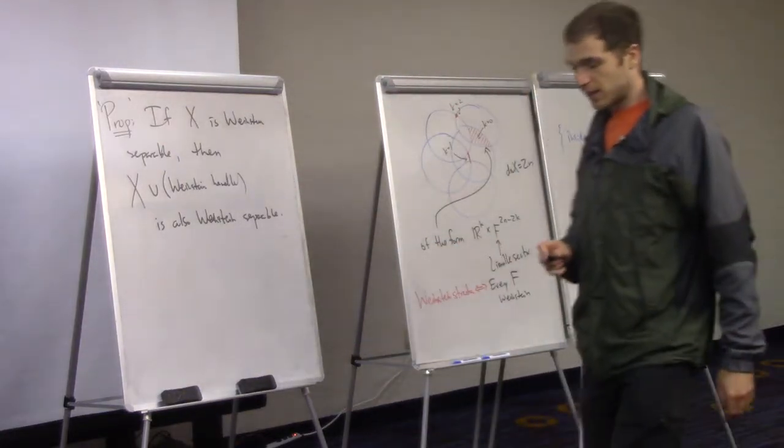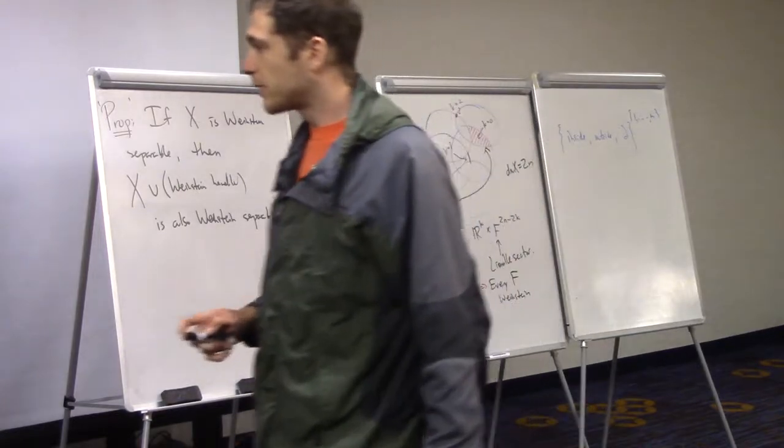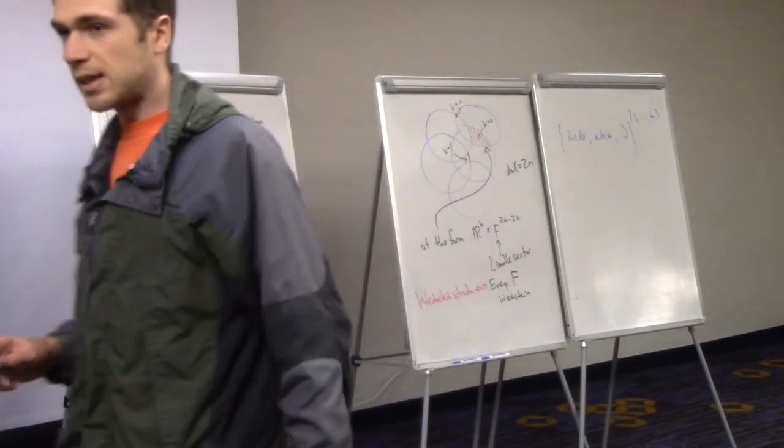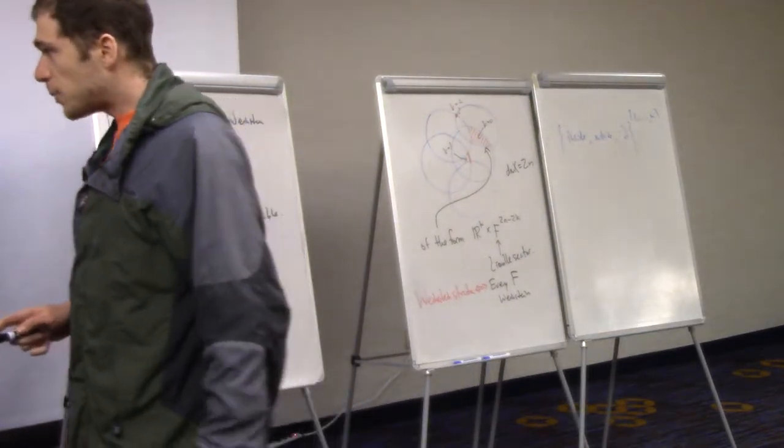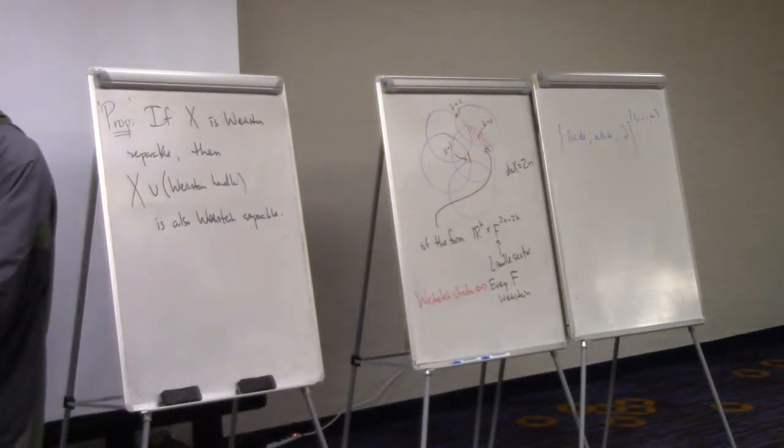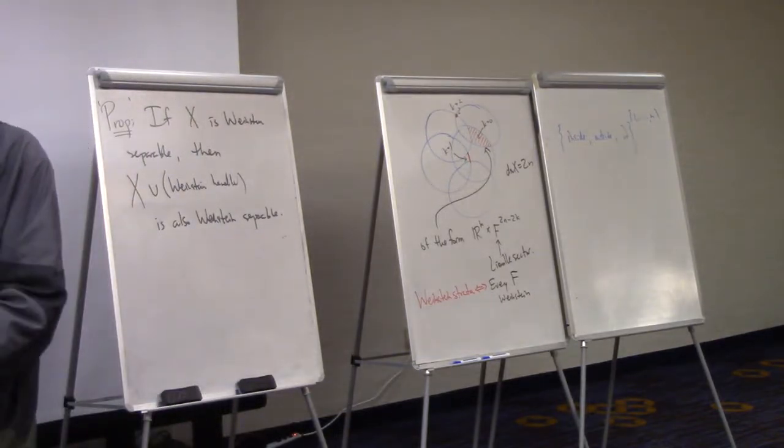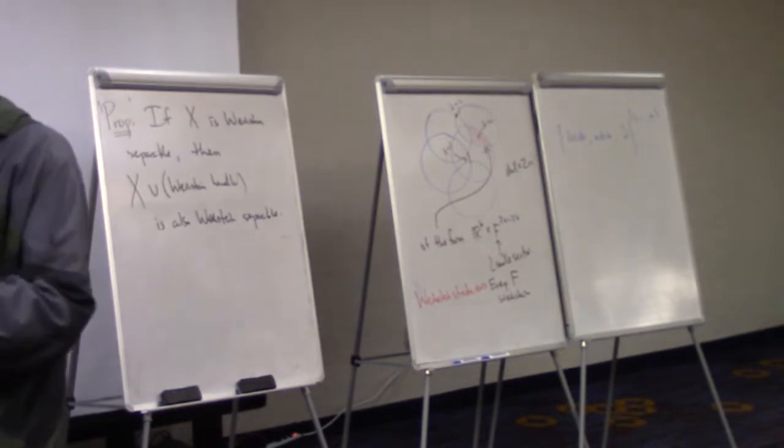In the way you formulated the definition, does Weinstein separable apply to Weinstein? Yes. Why? Because if you have a Weinstein admissible covering, you can glue together, you get a Weinstein.